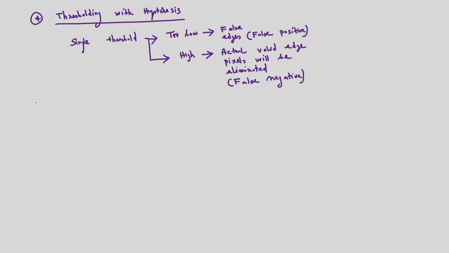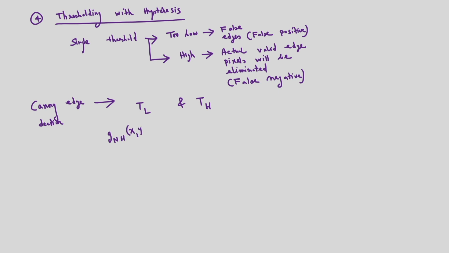So in the Canny edge detection method, it uses two thresholds. One is the low threshold TL, and another is the high threshold TH. And based on this, you can see how to take a decision. First I have to do the thresholding.